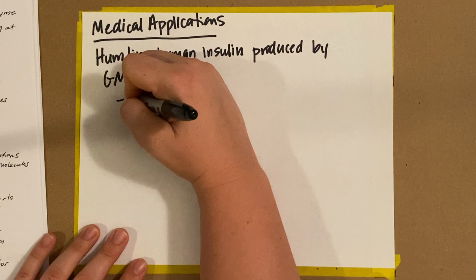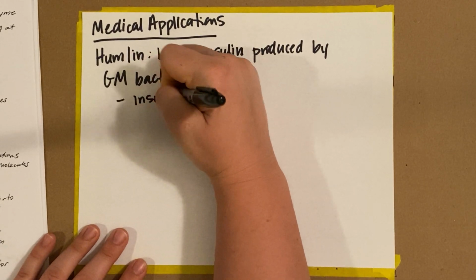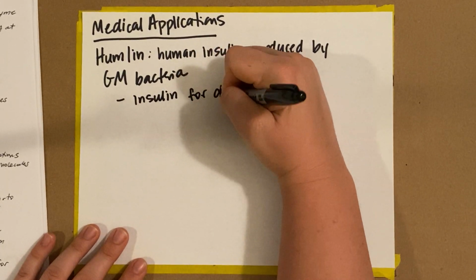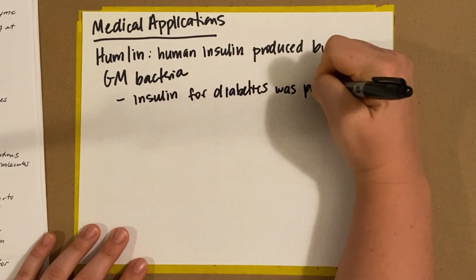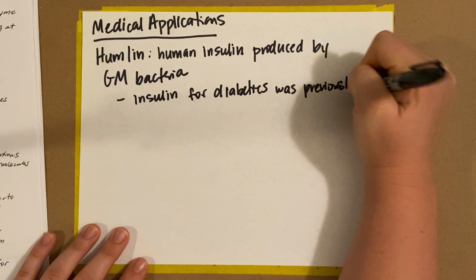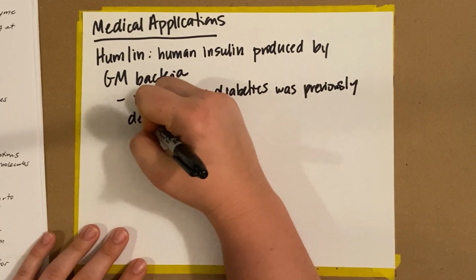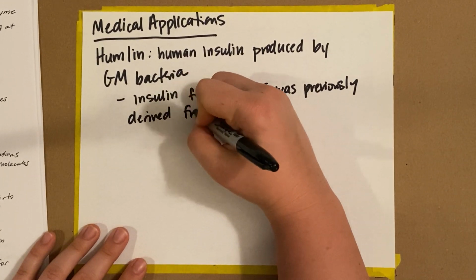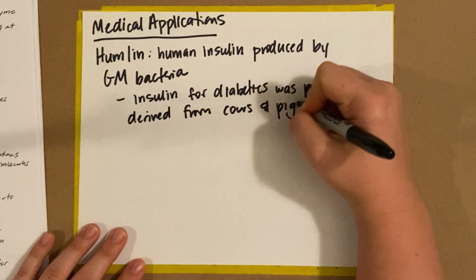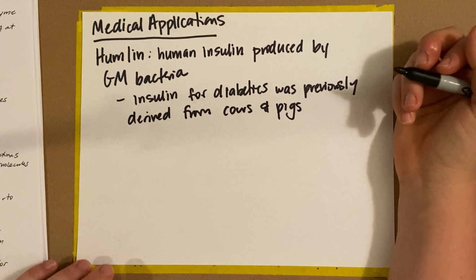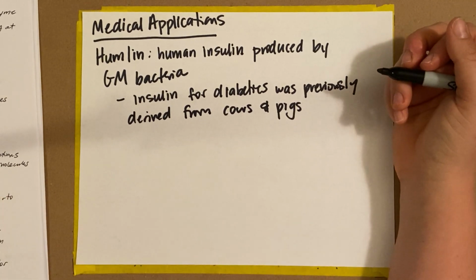So insulin for diabetics was previously derived from cows and pigs, taking cow and pig insulin and using that itself.